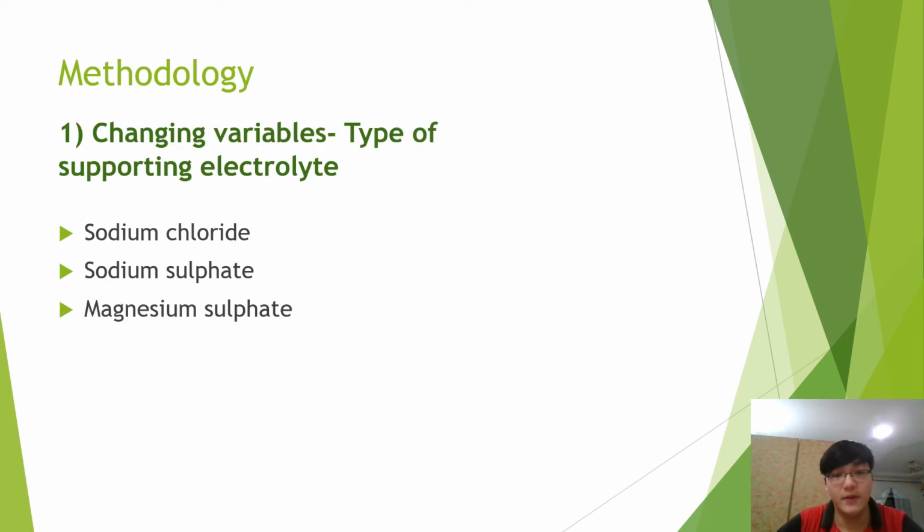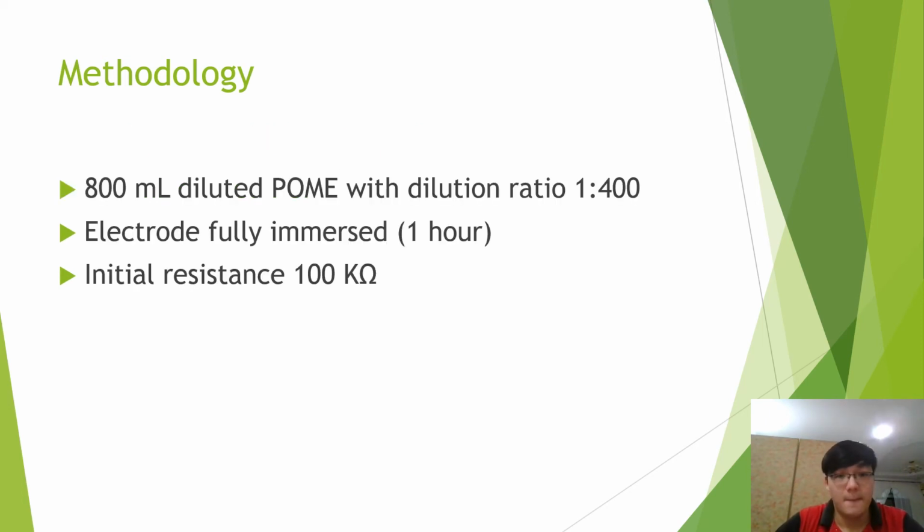First, the type of supporting electrolyte, which are sodium chloride, sodium sulfide, and magnesium sulfate, is added as the changing variable. The supporting electrolyte is added into 800 ml of dilute polymer solution with a dilution ratio of 1 to 400.